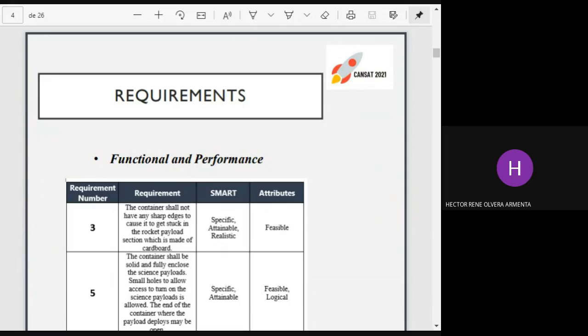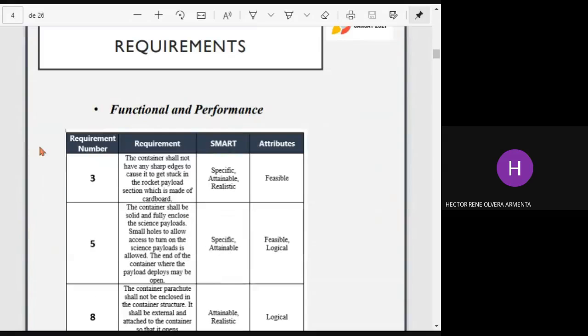Here we can see the first one that we created, and it is functional and performance: how the system should work and how it should develop. Some of these requirements, as we can see, will have some attributes and a SMART analysis.